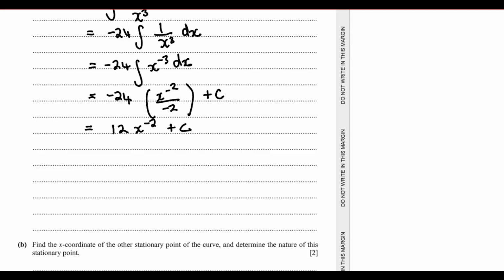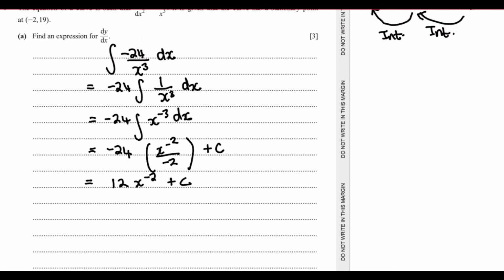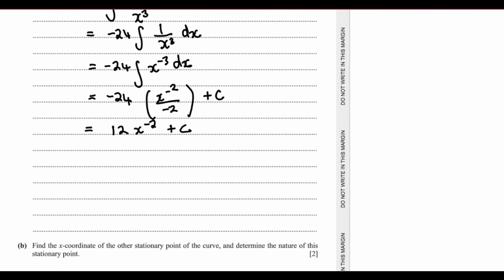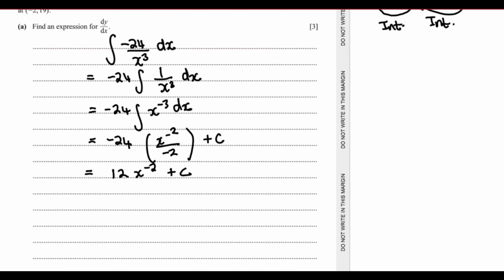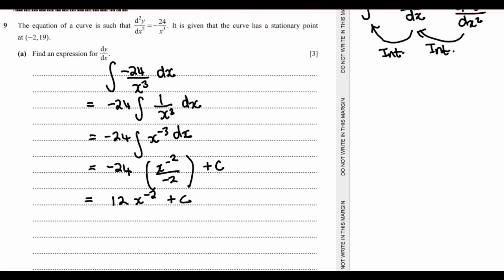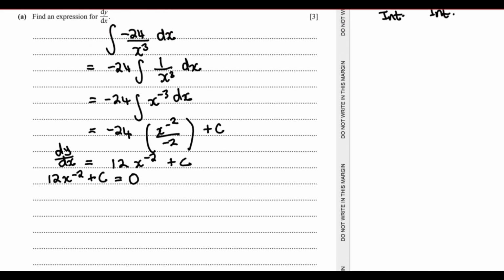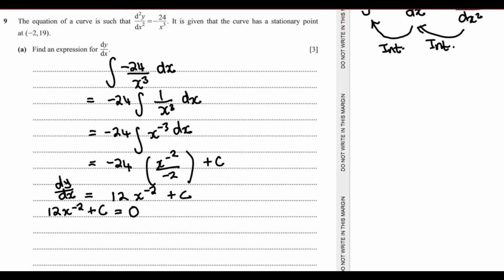So we have that, but we need to find a full expression for dy dx. We can't leave that c in there. How can we do that? Well, we know this curve has a stationary point. So if I equate that first derivative to 0, that's where it will have a stationary point.